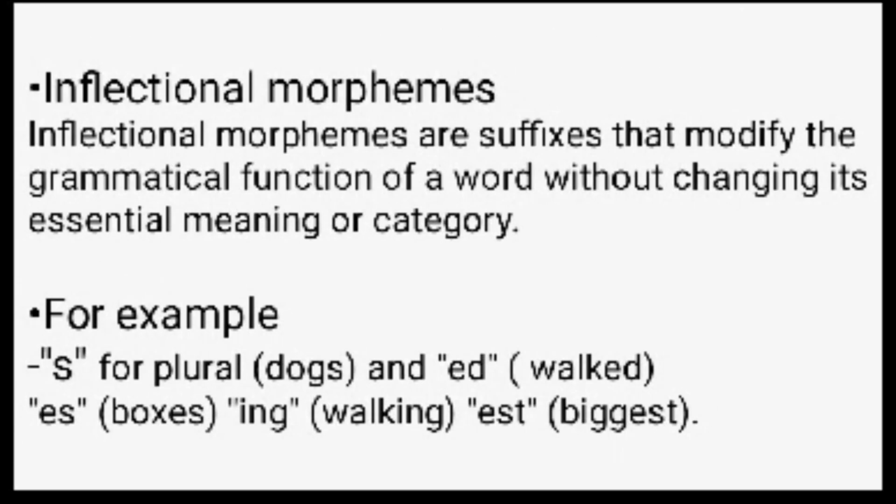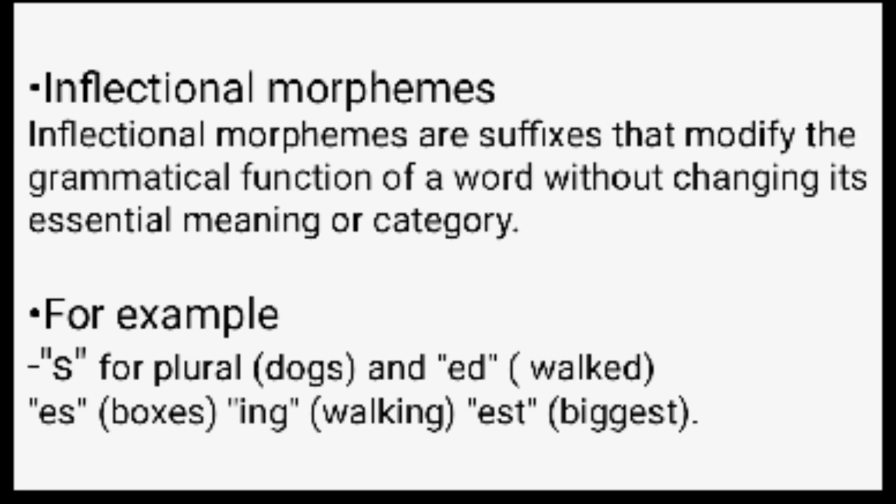So lastly, inflectional morphemes. Inflectional morphemes are the suffixes that modify the grammatical function of a word without changing its essential meaning or category. It means they cannot change the meaning, they just modify the grammatical function of a word. For example, s, ed, es, est are inflectional morphemes.